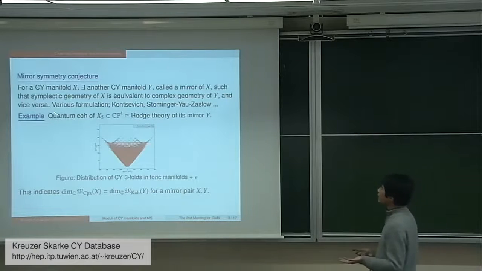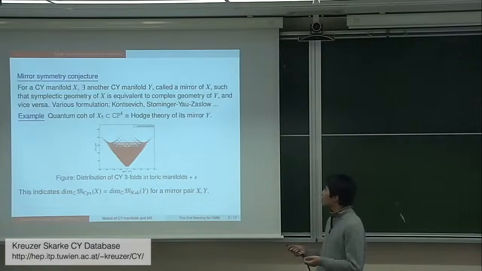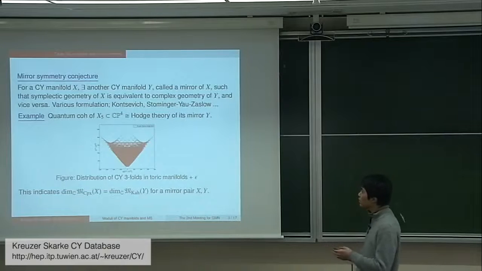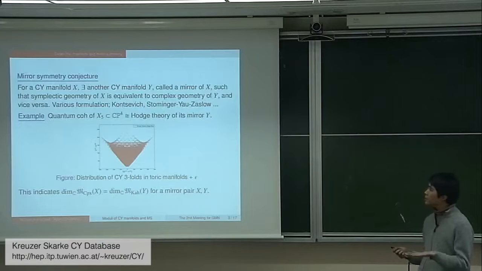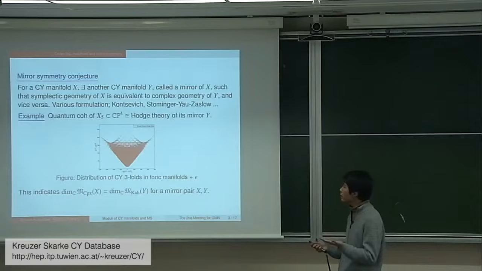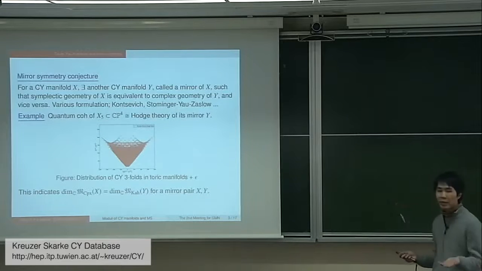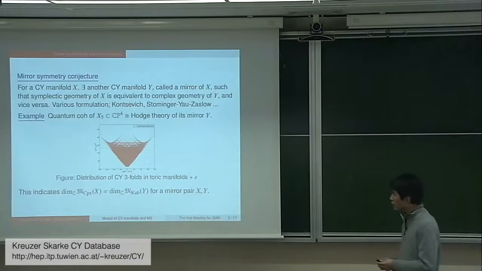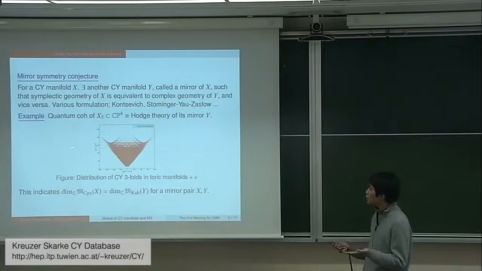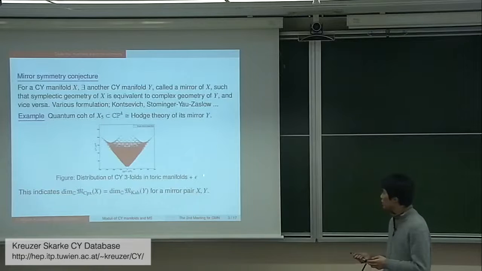One concrete example first studied by physicists is the quintic threefold. It roughly claims that the quantum cohomology of a quintic hypersurface in CP^4 contains almost the same information as the Hodge theory or period integral of a mirror manifold Y. If you haven't seen mirror symmetry before, this is just a distribution of Calabi-Yau threefolds in toric manifolds and some plus alpha.